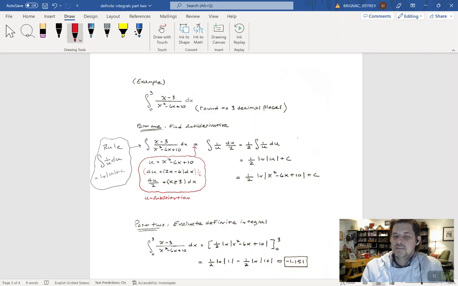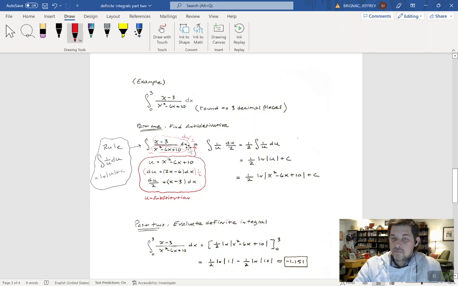You get x minus 3, and that's what we see right there. So doing that is what makes things fit. This part right here is du over 2, and this part underneath is the u, and then everything can be substituted. That's the ultimate objective of doing an antiderivative by u substitution.